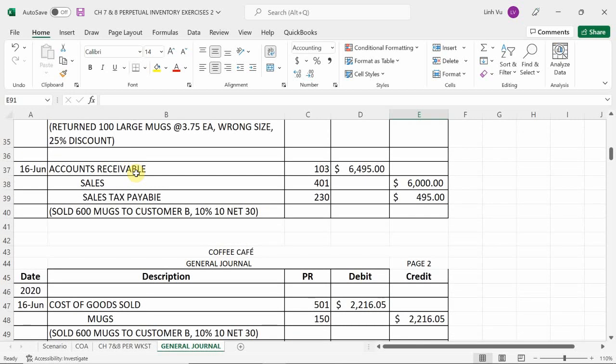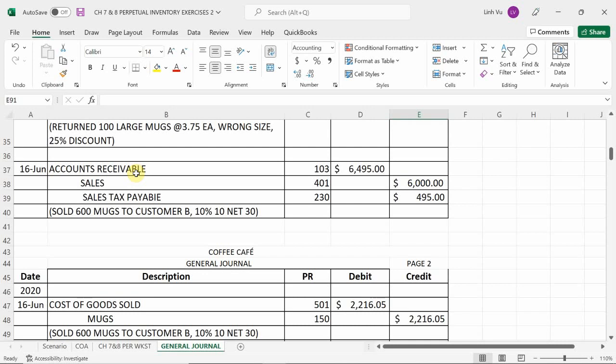If we originally sold to him 600 units and we ended up returning 100, how many units did we actually sell to customer B? He kept 500 pieces. Exactly. And how much did we originally charge each item? $10. We sold them for $10.